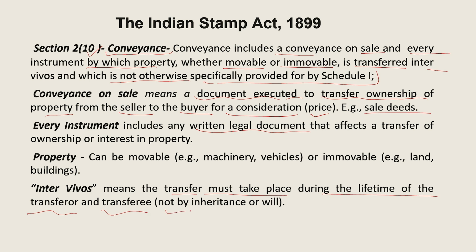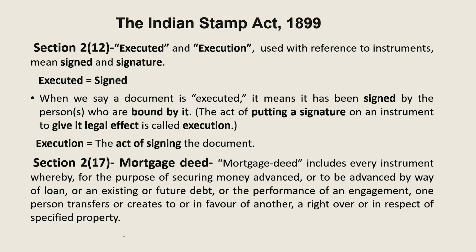It is not inherited, because that is there in a testamentary document. So it is not by inheritance or by will. So this is conveyance, and then subclause 12 defines executed and execution.